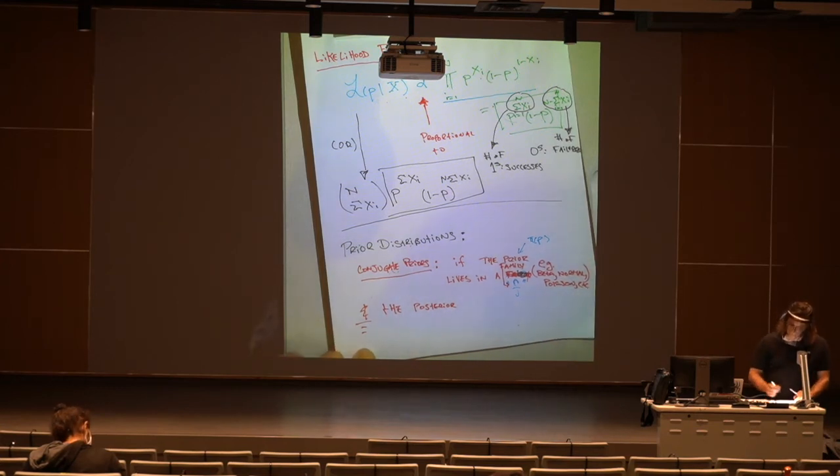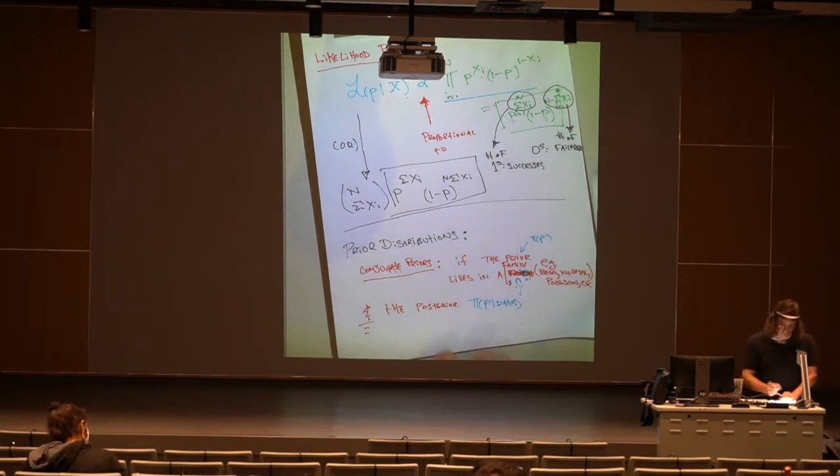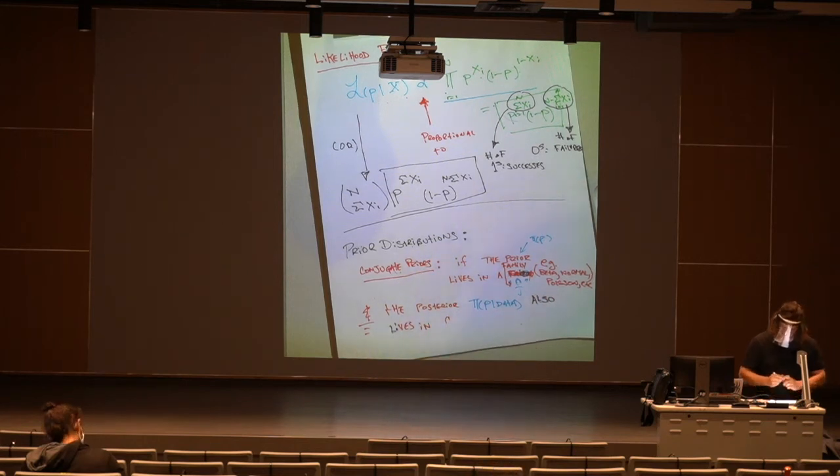So if my prior pi p lives in F, and the posterior pi p, given the data, usually written as cap X or something like that, also lives in F. It's a different distribution in the same family.